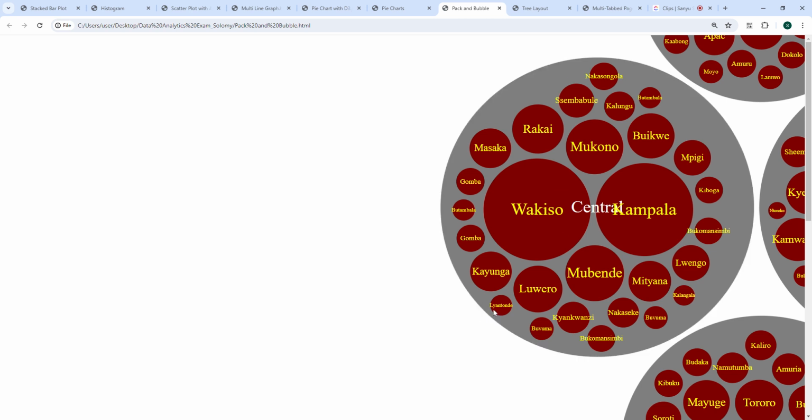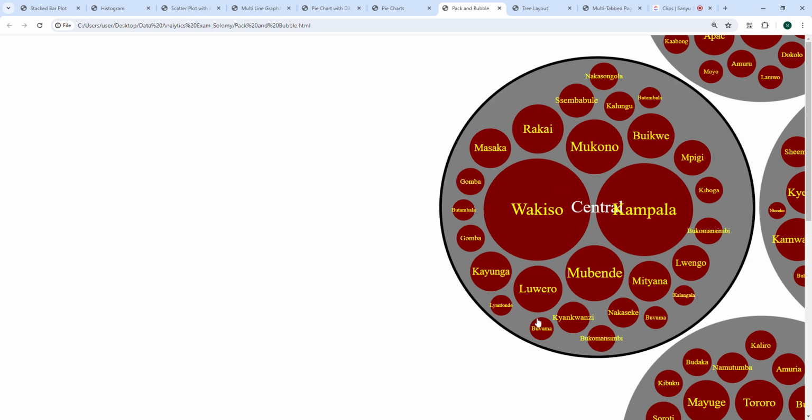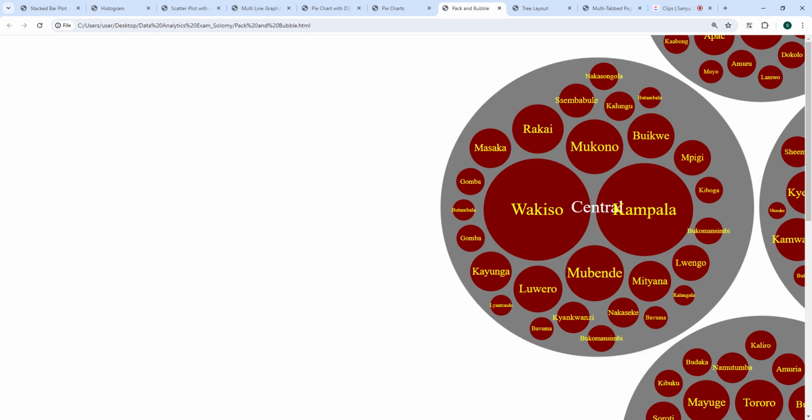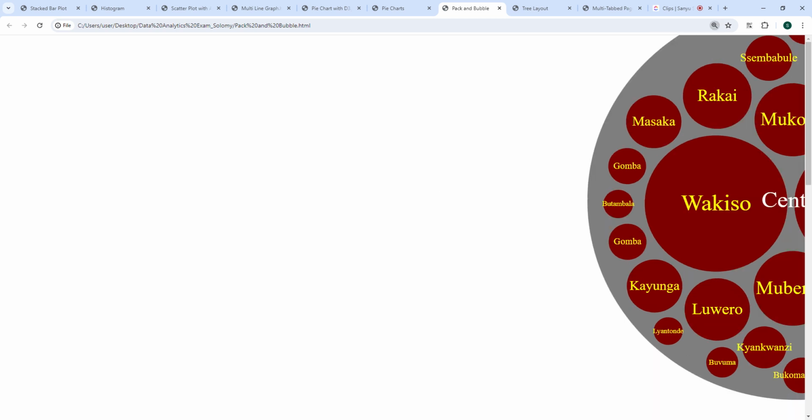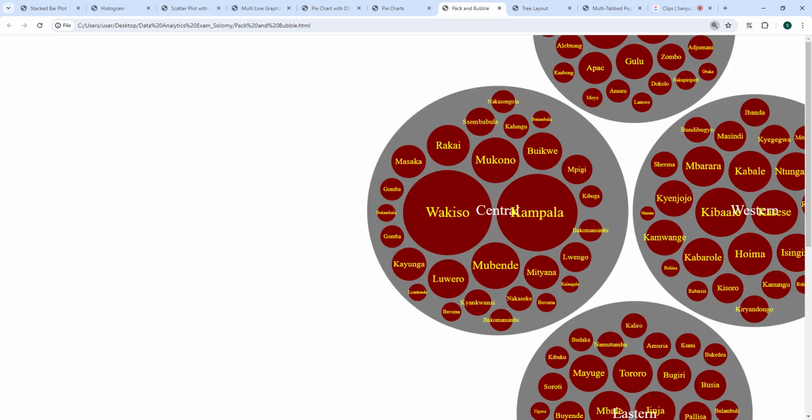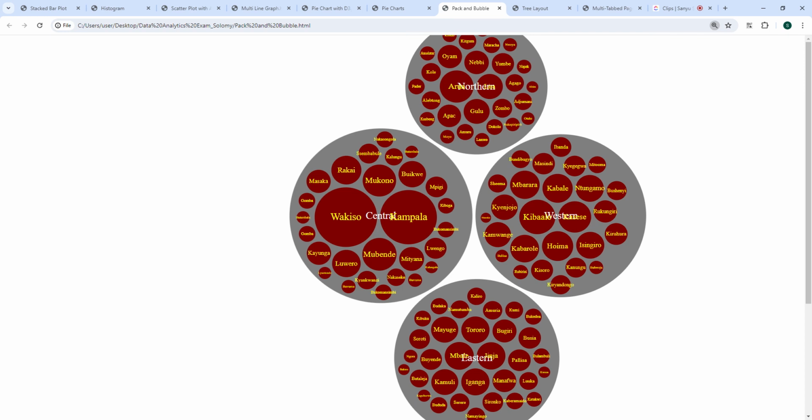So we see smaller ones, Lyantonde, Buvuma, Kalangala. There are few. You find fewer mosquito nets in households. You find very few people that have bicycles in their households. Very few people have motorcycles in their households. So that is our pack and bubble chart. That same applies to the other regions too.